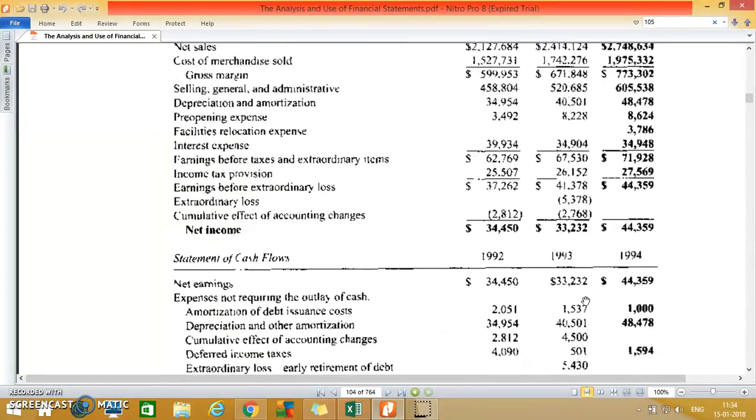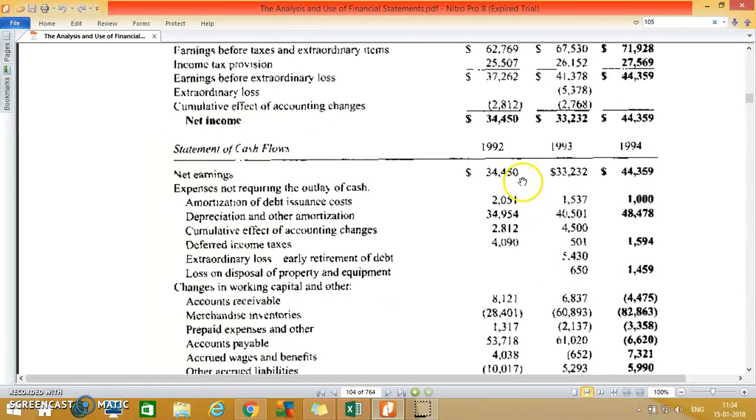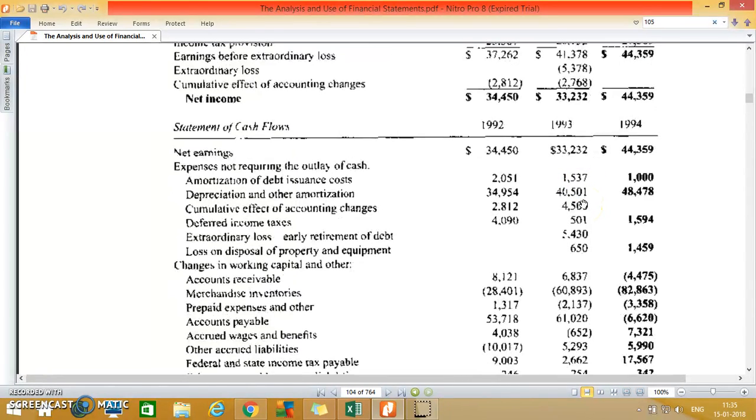Let me go into the statement of cash flows that has been given to us. Again, the comparative cash flow has been given for the years 92, 93, and 94. They have taken this net income 34,450 and started adjusting from the net income. And what does this mean? This means that they have prepared a cash flow statement as per the indirect method.